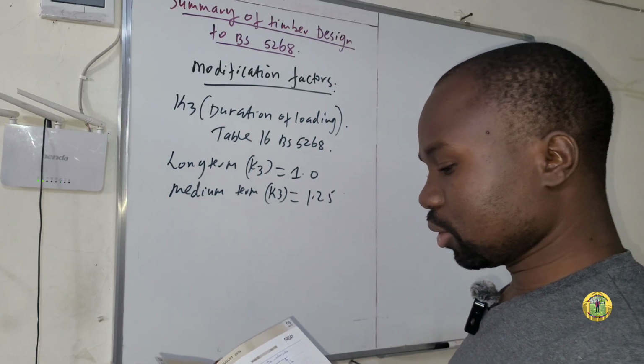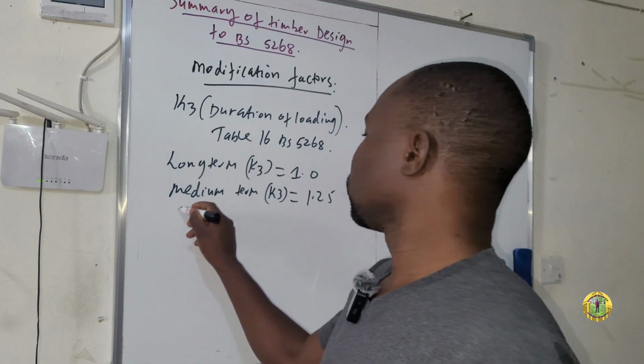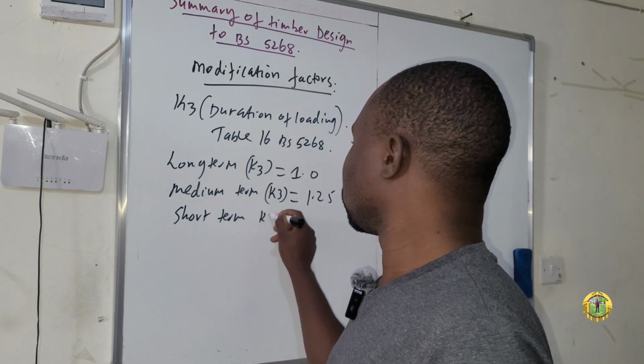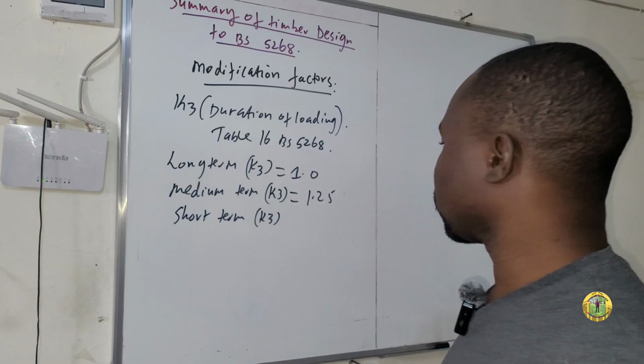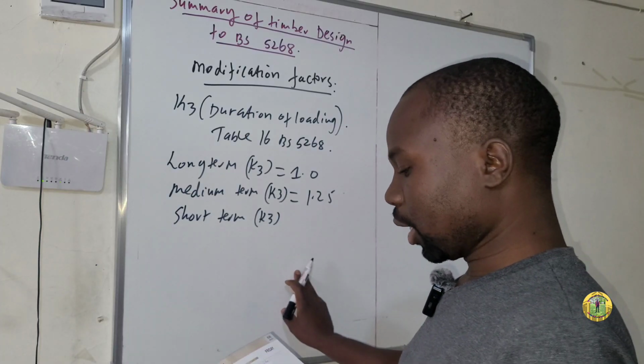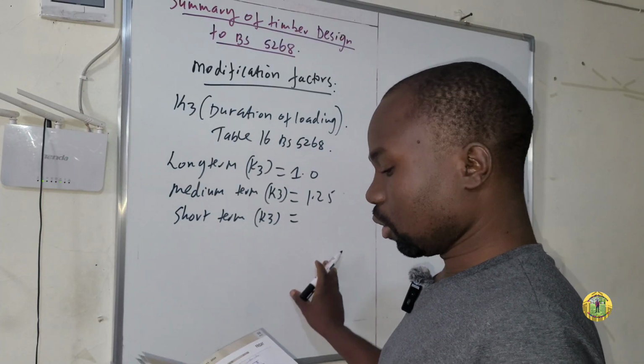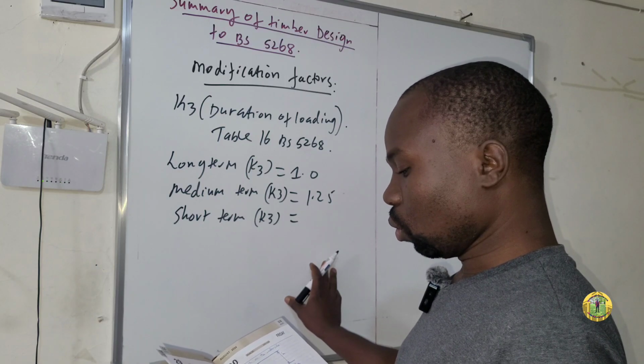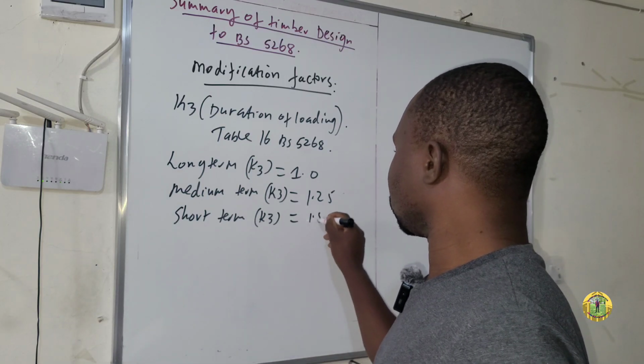And then we have short term. K3 for short term is equal to 1.50.